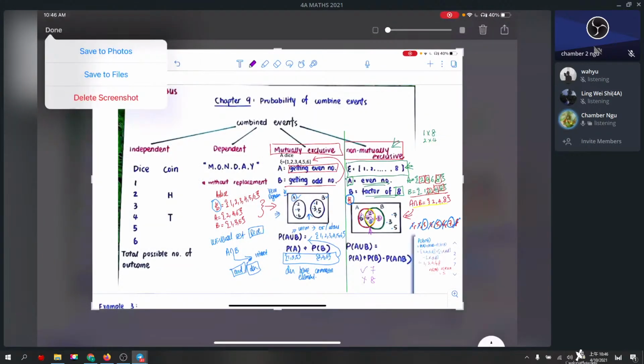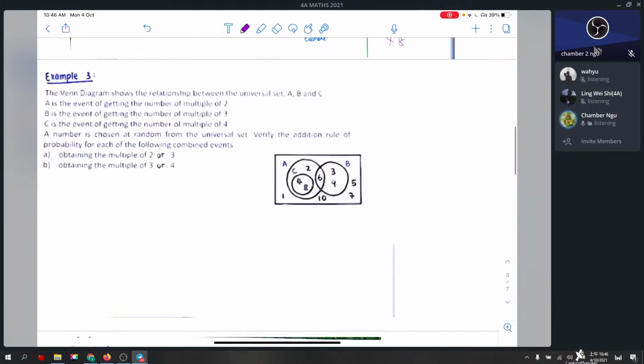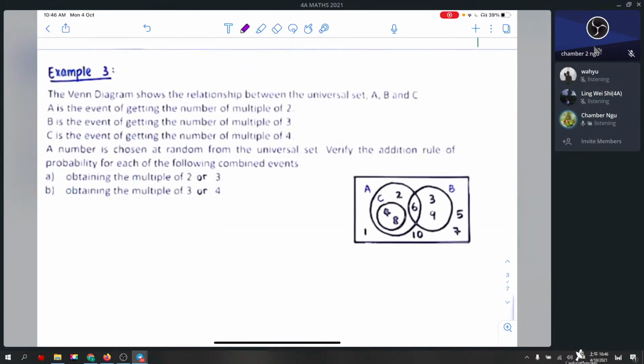So next one. Okay, let's have a look on this example. Okay, now the Venn diagram show the relationship between the universal set. Okay, this is universal set now. A, B, and C. Okay, A is the element of getting the number of multiples of 2. Okay, kalau kita tengokkan elemen A is 2, 4, 6, 8, right?